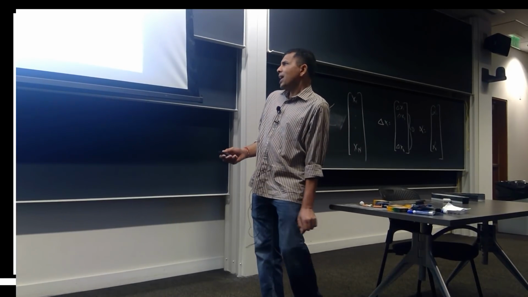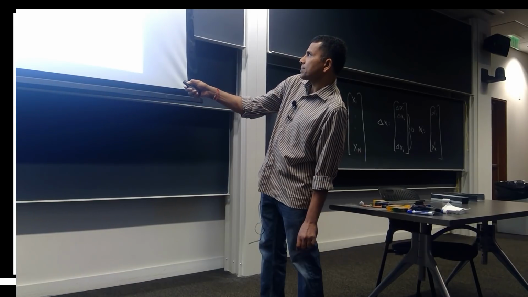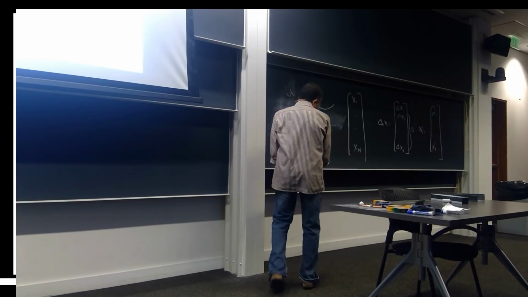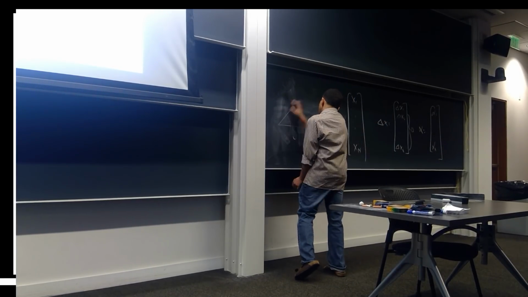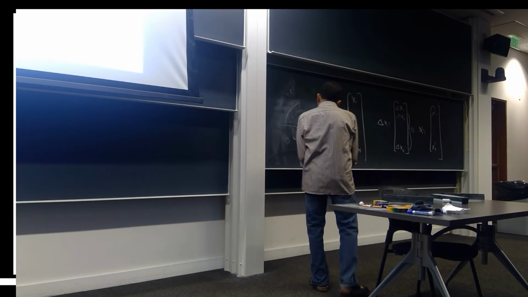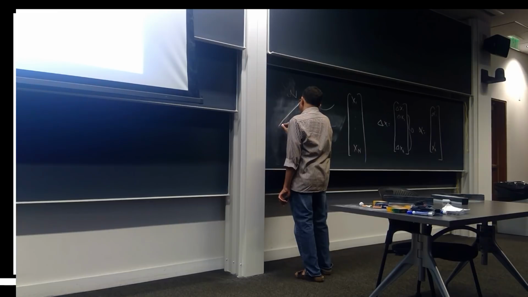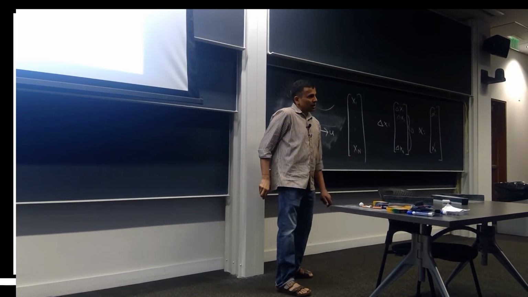So consider this. Let's say I have this red vector as V, and let's say U is unit length, and this is theta.